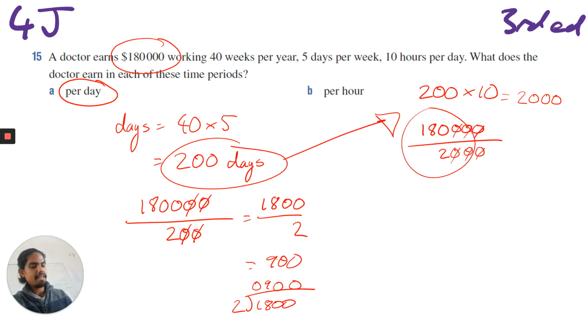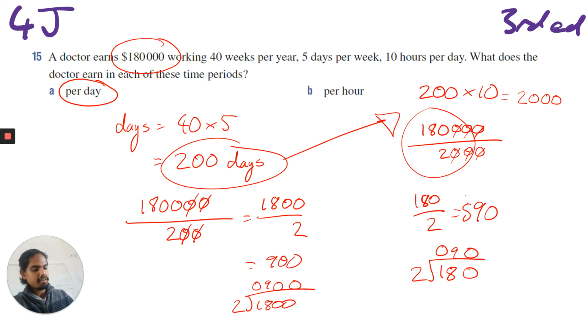I now have 180 divided by 2, which we can go straight to being 90, or again, you can do 2 into 180, 2 goes into 1 0 times, 18, 9 times, and add the 0 on at the end. All right, so this is $90 an hour or $900 per day. All right, so that's how you solve those two questions.